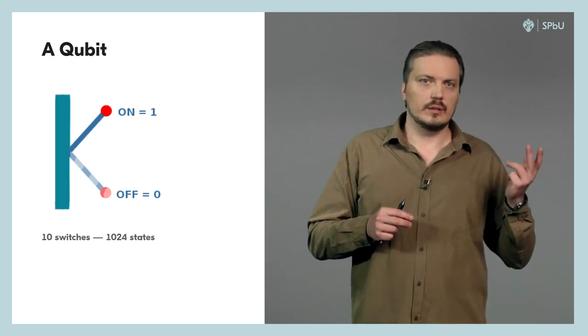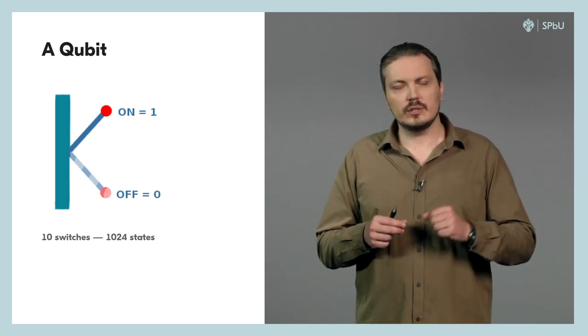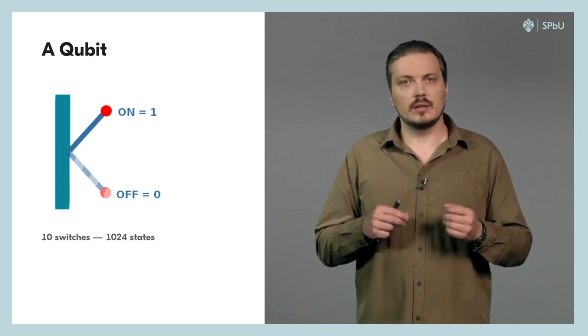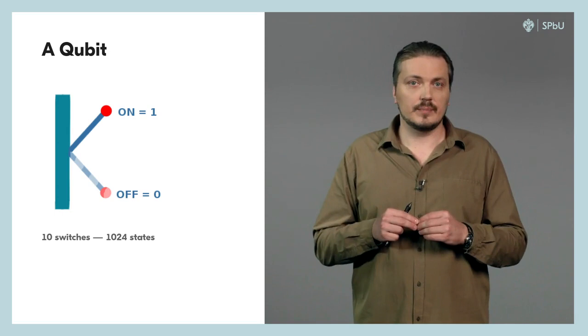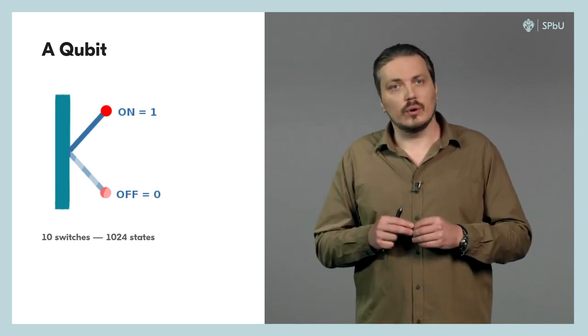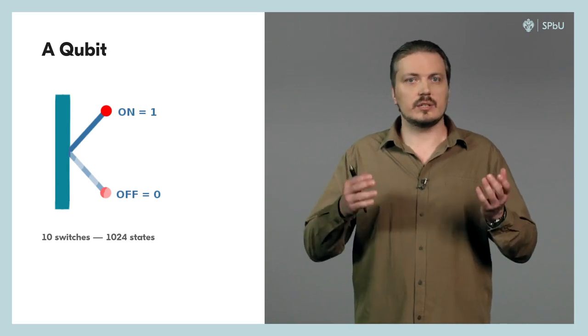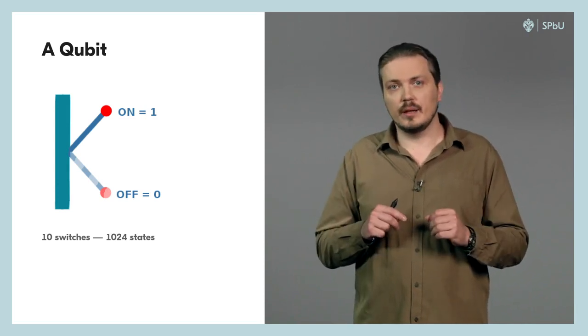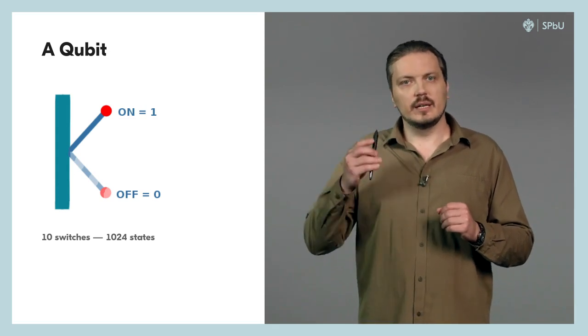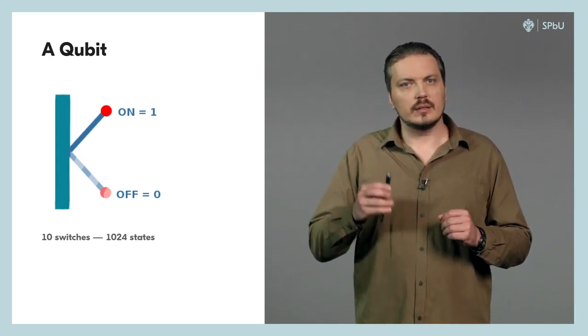One switch has two different states, two switches, 4 different states, 3 switches, 8 different states, etc. If we need a system having 1024 different states, we need just 10 switches.